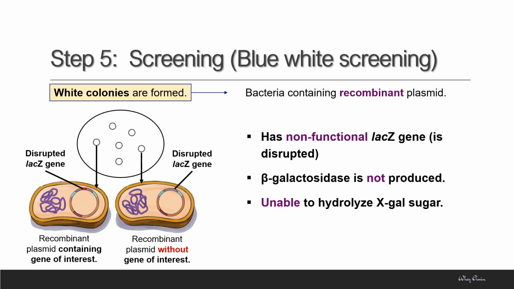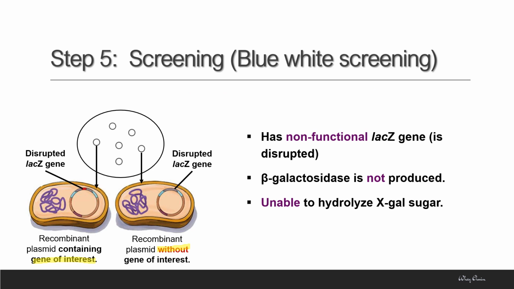White colonies consist of bacteria carrying recombinant plasmid. The recombinant plasmid can be a plasmid containing the foreign gene that contains the gene of interest, or the recombinant plasmid can carry a foreign gene without the gene of interest.